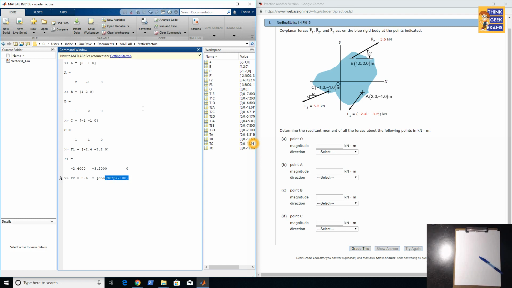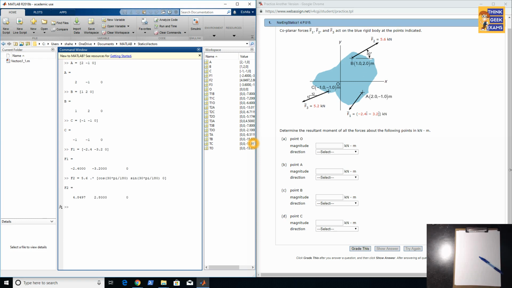So that's the x direction. The y direction is the sine, and the z direction is 0. So this would give me F2 in kilonewtons.